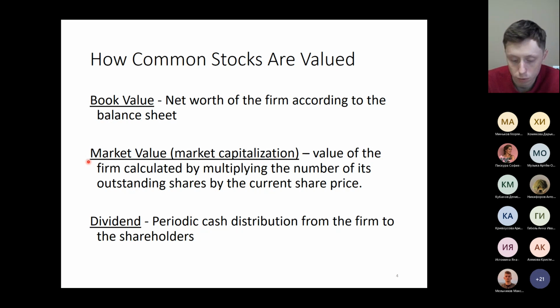The market value of the firm would be estimated as the number of stocks multiplied by their current market price. And when the firm is public, it provides way more opportunity for financing, apart from other things.